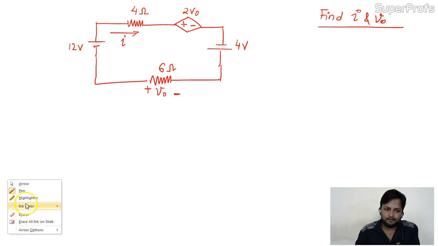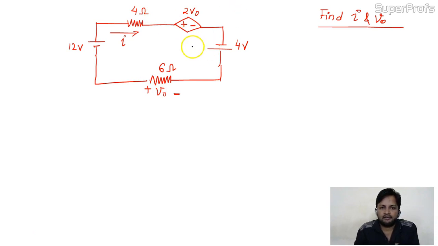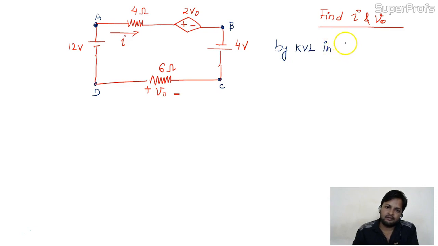Simply we have only one mesh here. We can apply KVL over here. It will be simple to apply the KVL. The current direction is already given. Now we'll choose the mesh direction. A, B, C, D. So by mesh analysis, or I can say by KVL in A, B, C, D, A. This is the closed path.